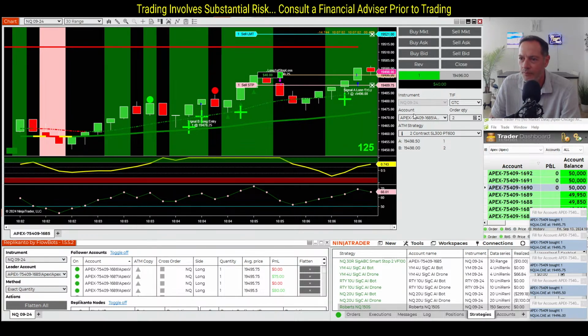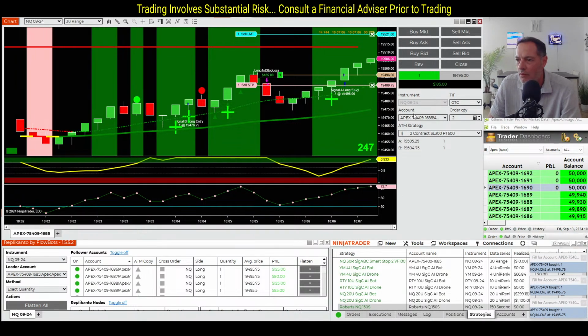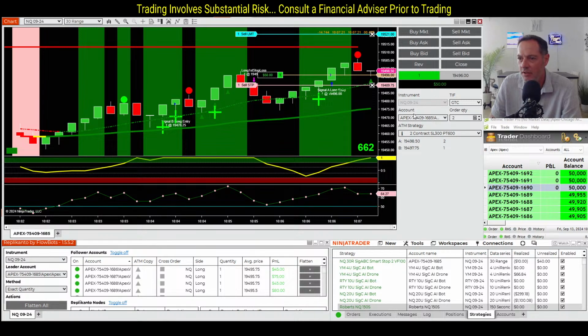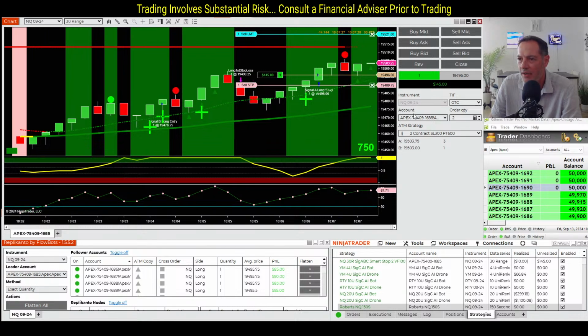Breaking even. $100 bill. $19.5 on the NQ. Coming back on us, breaking even. Bearish candle. We got some buyers in here.